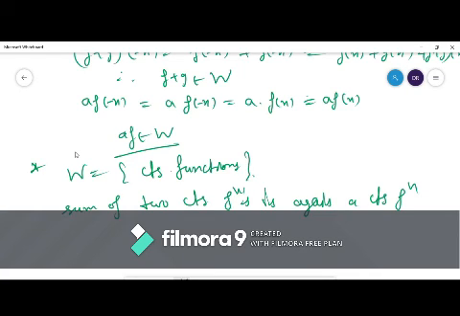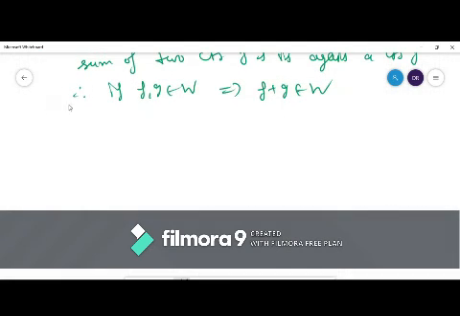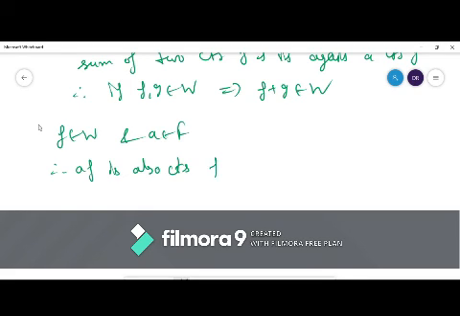Therefore, if f and g belong to W, this implies f plus g also belongs to W. If f is a continuous function, if f belongs to W and a is any scalar, then af is also a continuous function. So af belongs to W, hence W is a subspace.